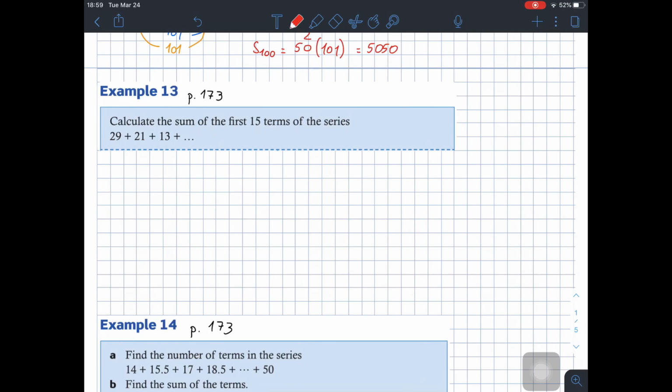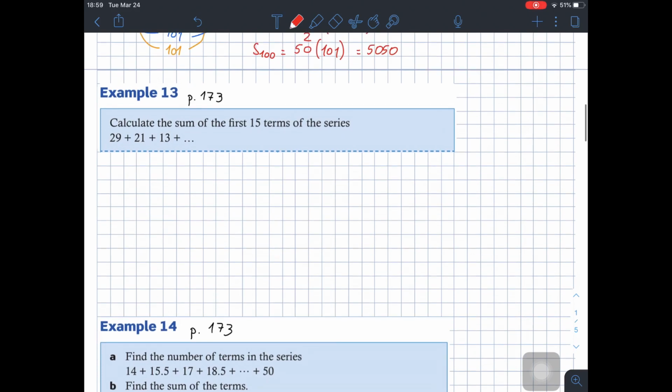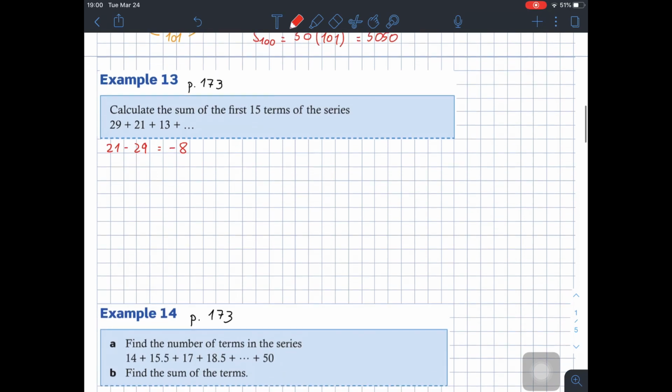The concept of an arithmetic sequence is that there's a common difference between the numbers, right? So if we try this, remember, it's always the second term minus the previous term. So 21 minus 29 is -8, right? The same thing should happen for these two terms, okay? 13 minus 21.